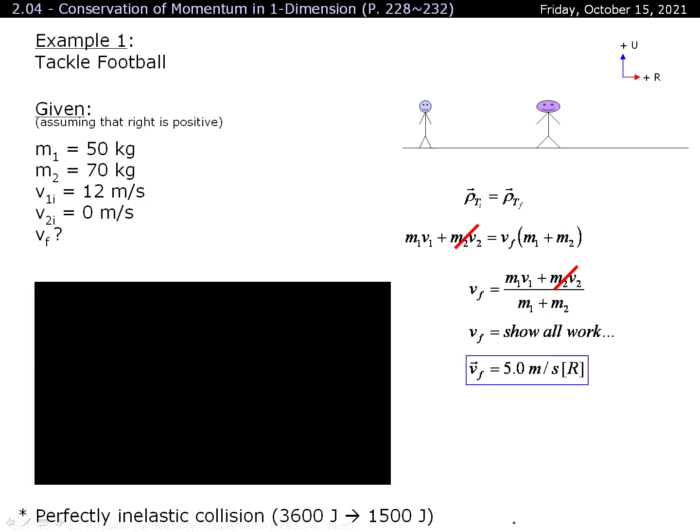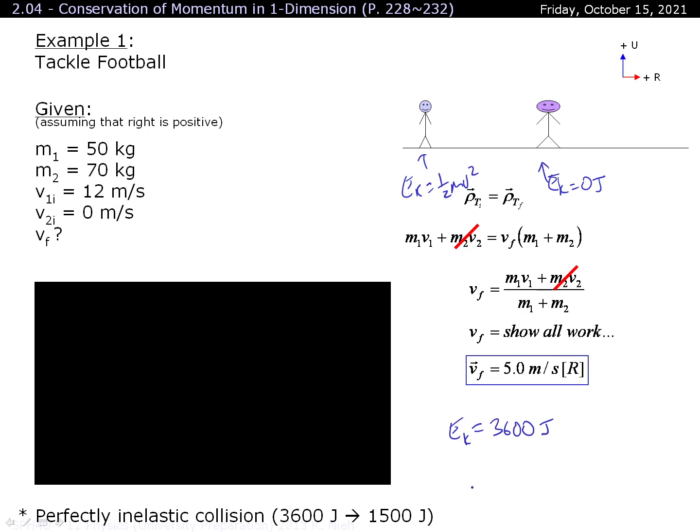If you go through the effort of calculating out how much energy there is in the objects, for example, this guy here had an EK of 1/2 mv squared, and this guy here had an EK of 0 since it was stationary, you would have found out that the EK at the beginning is equal to 3600 joules.